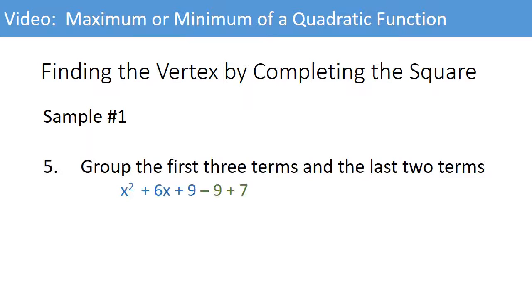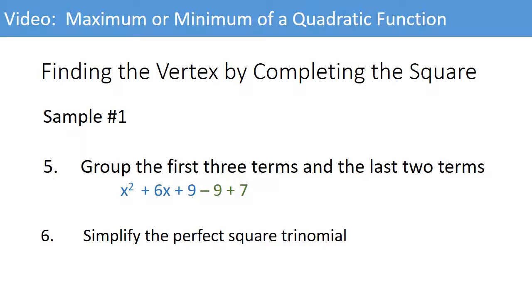Once we've done that, we're going to group the first 3 terms as shown in blue, and we're going to group the last 2 terms as shown in green. Then we're going to simplify the perfect square trinomial. So x squared plus 6x plus 9 is (x plus 3) squared.